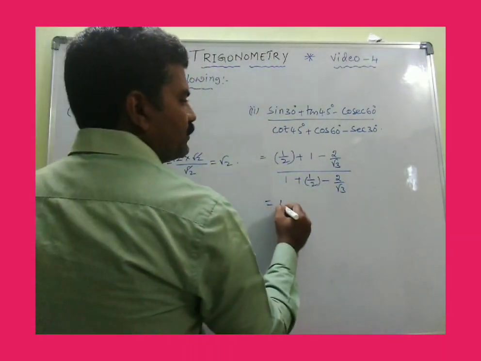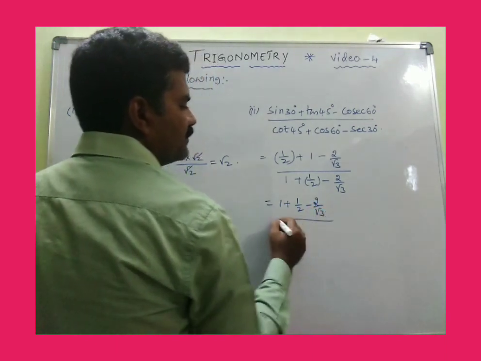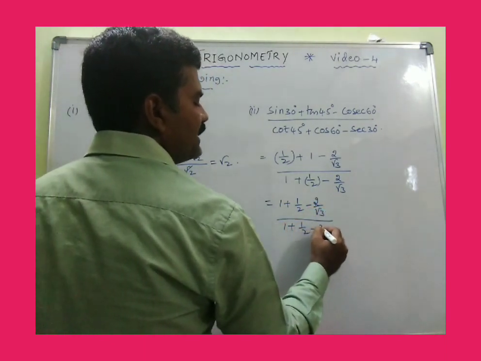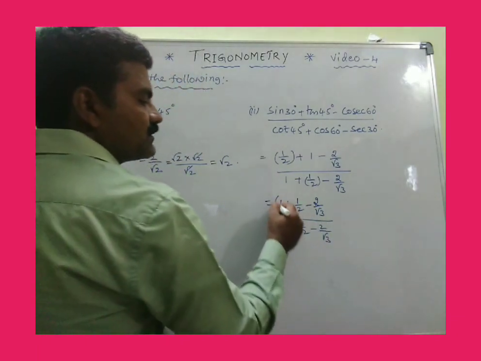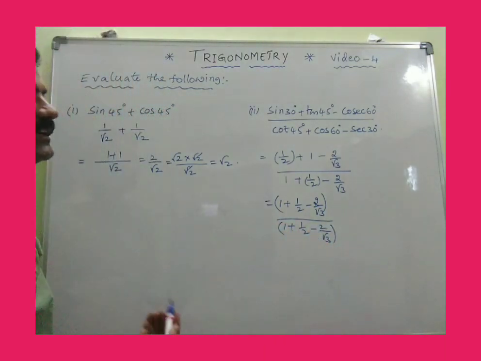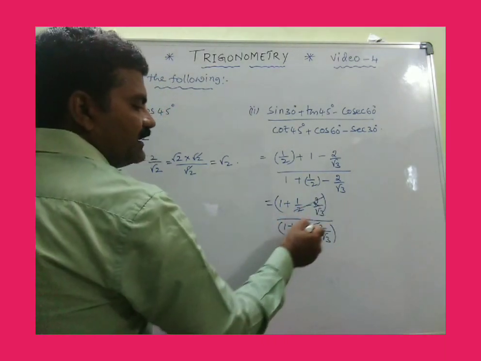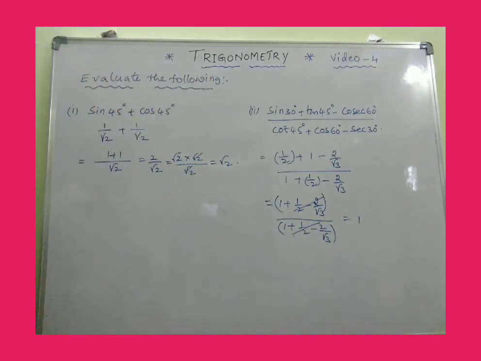So this is 1 plus 1 by 2 minus 2 by root 3, divided by 1 plus 1 by 2 minus 2 by root 3. I don't want to simplify, because the numerator is the same as the denominator. So they get cancelled, hence it equals 1.